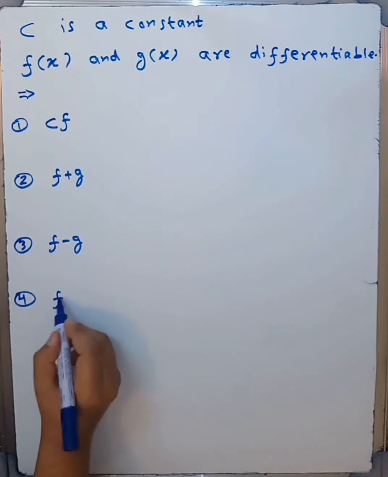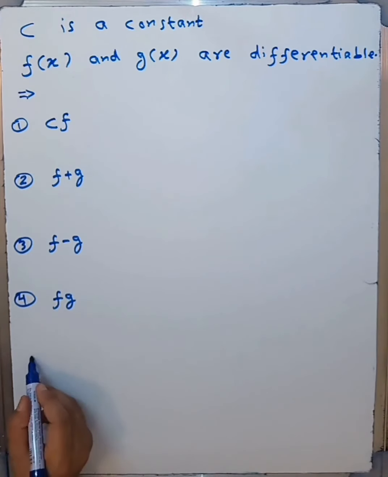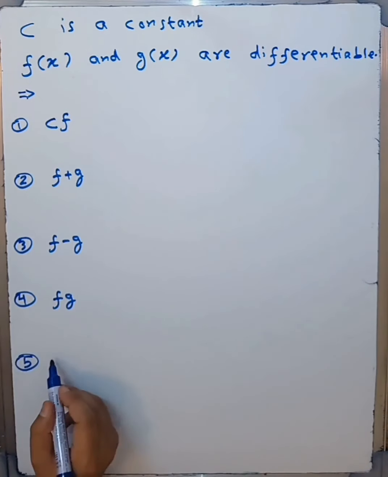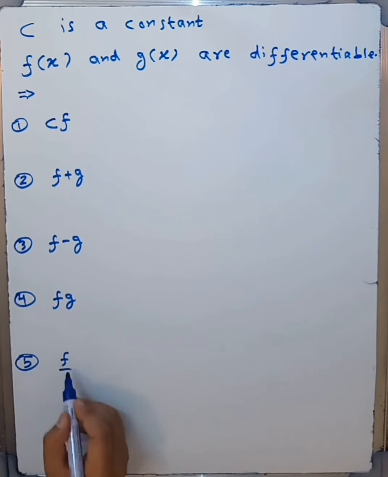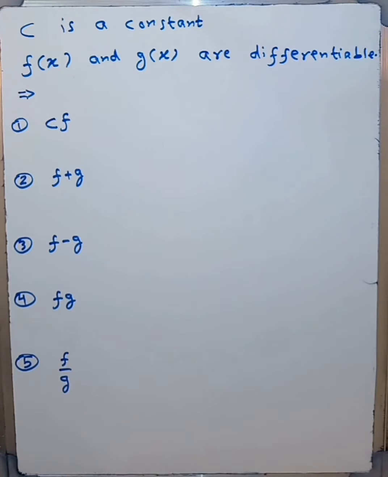The function f multiplied by g is also differentiable. And last, f divided by g is also differentiable. Now, if these functions are differentiable, what is the derivative? For that, we will write 5 rules now.